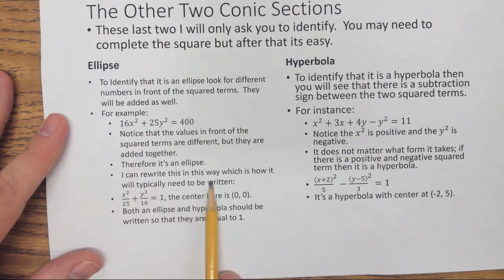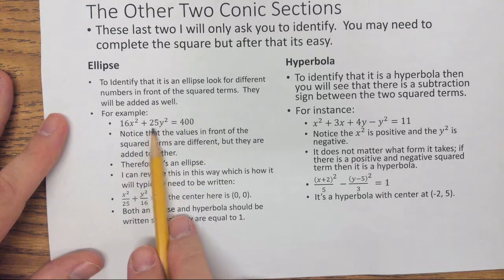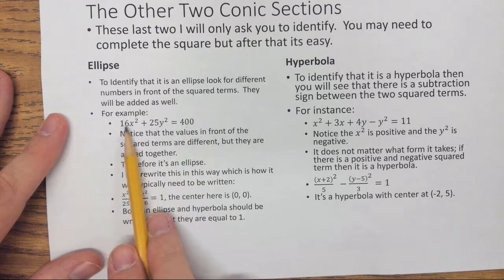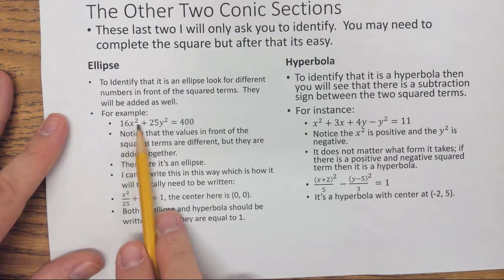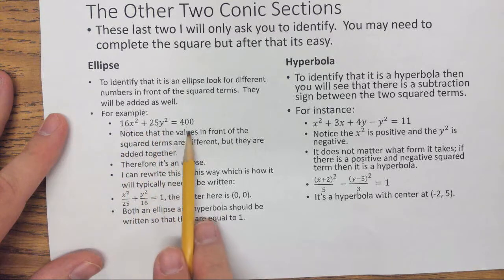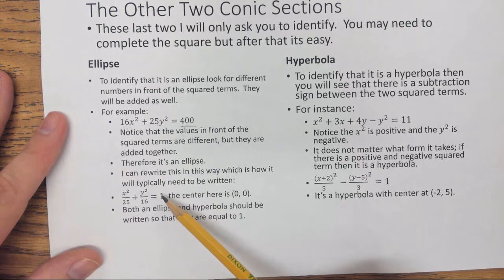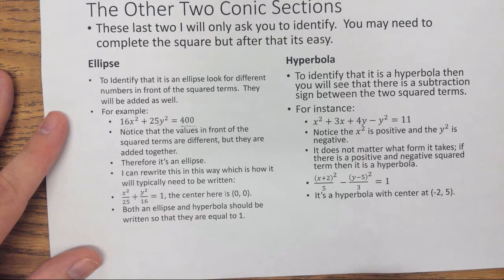I can rewrite this in this way, which is how it will typically need to be written. I am going to divide by 400. So I've completed the square, I've gotten it into this form. I see that I've got numbers in front of my squared terms, whether they're in parentheses or not, and that they're different numbers. I need to divide by whatever this number is here, because ellipses and hyperbolas both have to be equal to 1 when they're written in their form.